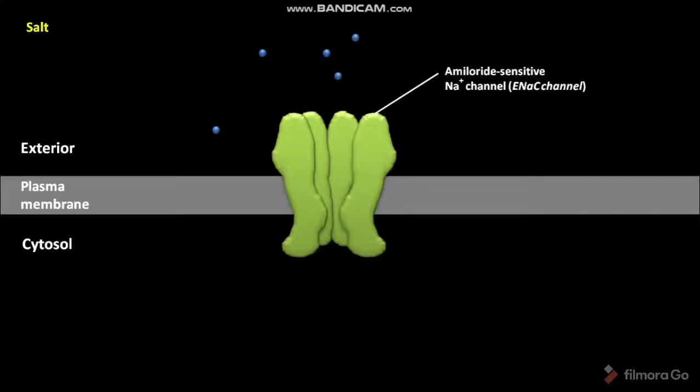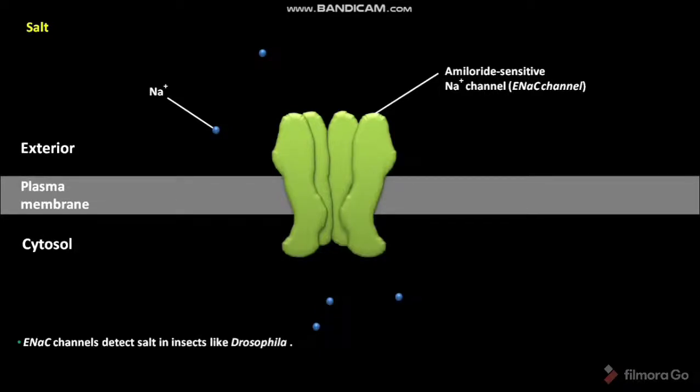The extracellular Na+ ions move through the ENaC channel and reach the cytosol of the receptor cell or taste cell. The inward movement of Na+ ions is called influx of Na+ ions. Due to this influx of Na+ ions, the taste cell depolarizes.